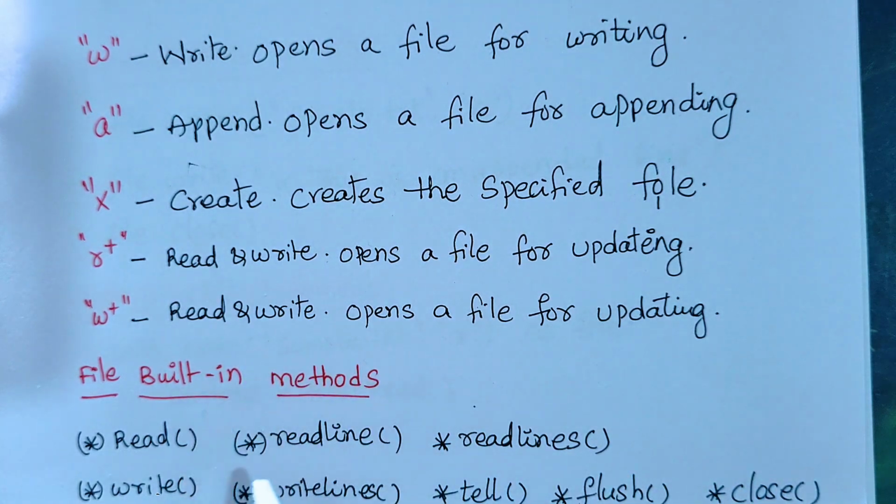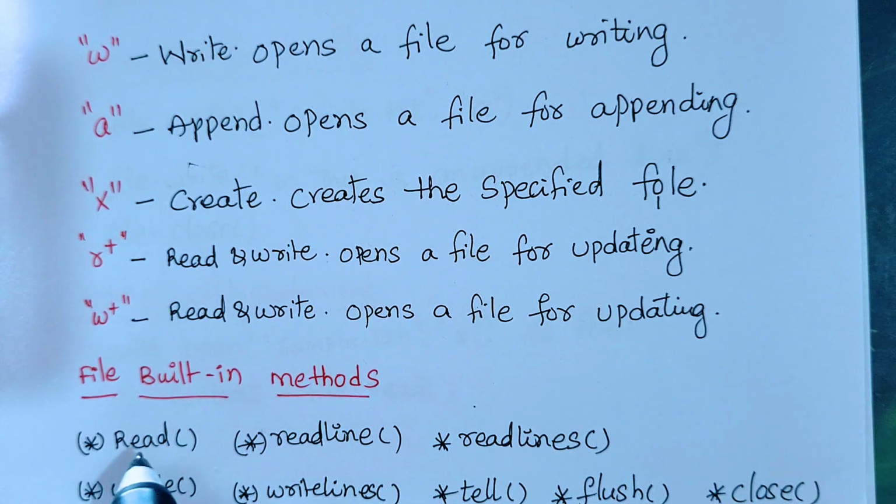Read is used to read a file: when I say read, I can read the entire file. When I say readline, I can read a specific single line. Readlines is used to read more than one line.